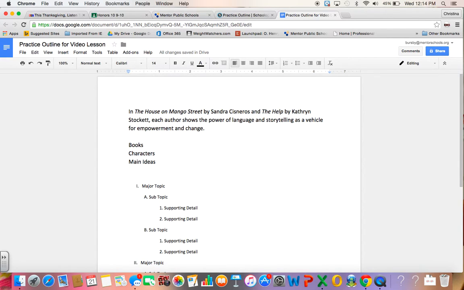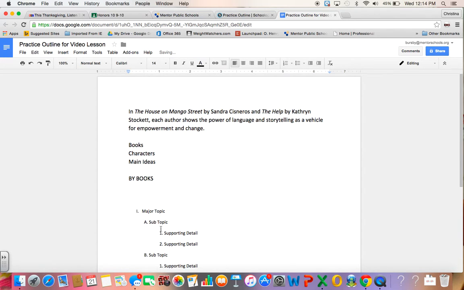Okay, so we're going to first use the method to organize by books. Okay, and so we're going to be looking at this and using this format. Now, what I suggest that you do is you go through and you write all of your major topics first, then all of your subtopics, then all of your supporting details. Okay, so our major topics, of course, are the titles of the books.